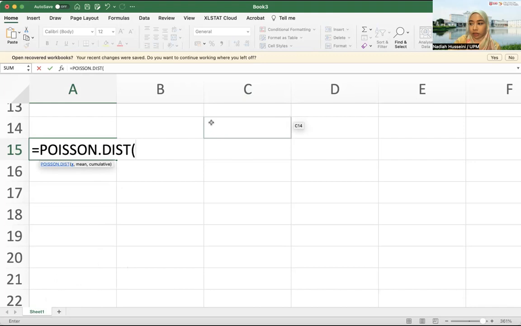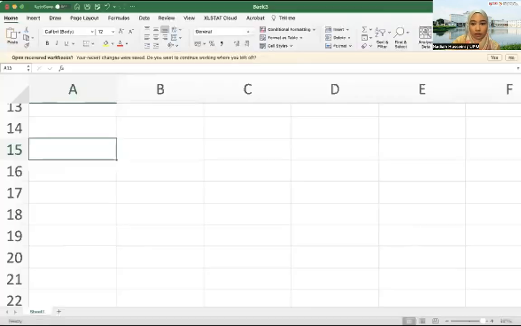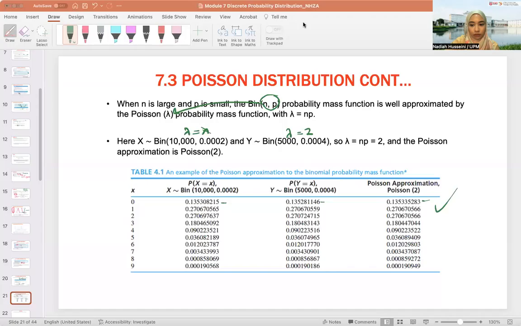Okay, so what were we talking about for the Poisson? The mean was np. It was 10,000 times 0.004, which was 2. Our X is, wait, we don't have an X yet. Let me stop sharing. Oh, sorry, this is the X. X is 0.